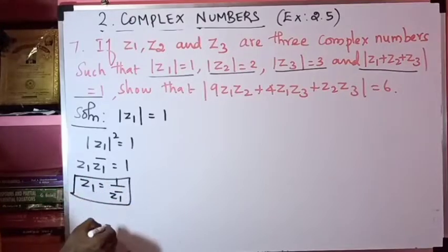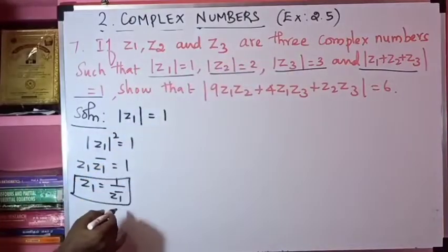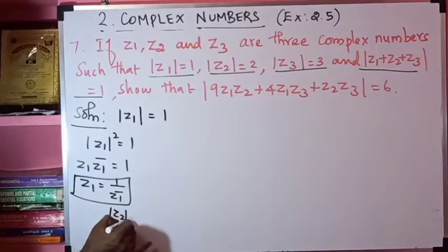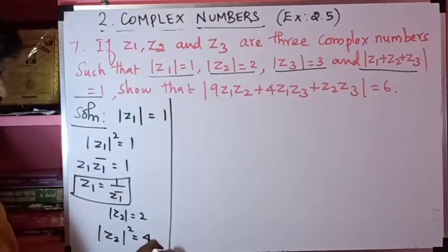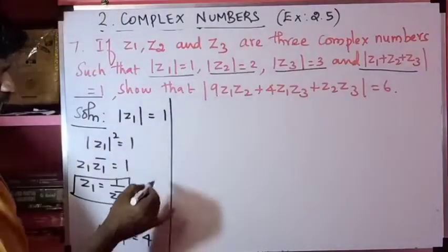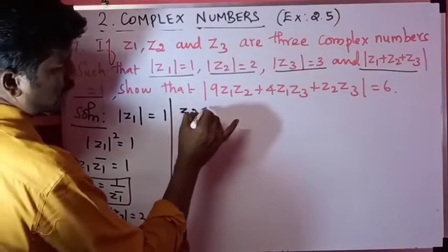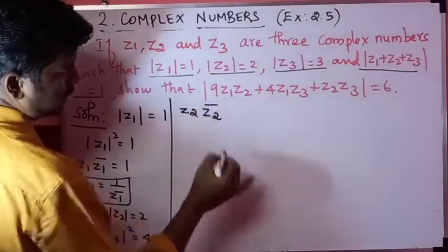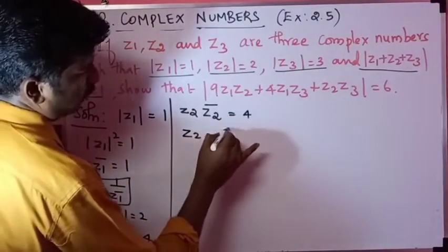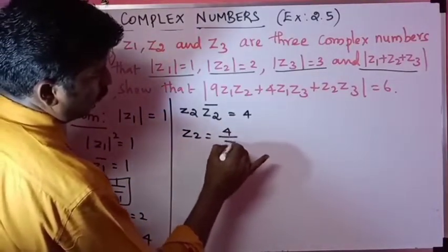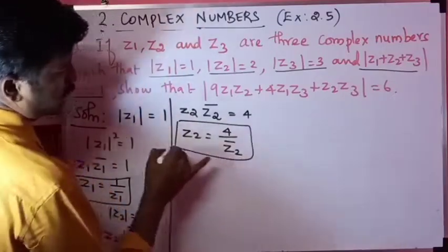Now modulus z2 equal to 2. Modulus z2 whole squared is equal to 4. So modulus z2 squared can be written as z2 z2 bar, which is equal to 4. So z2 is equal to 4 by z2 bar. This is the z2 value.